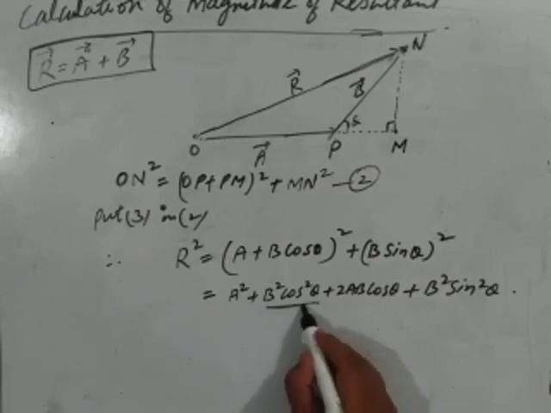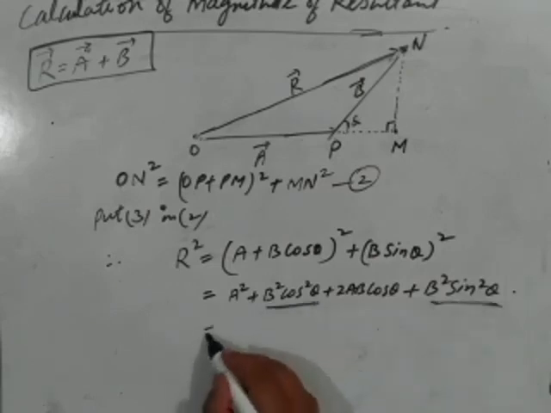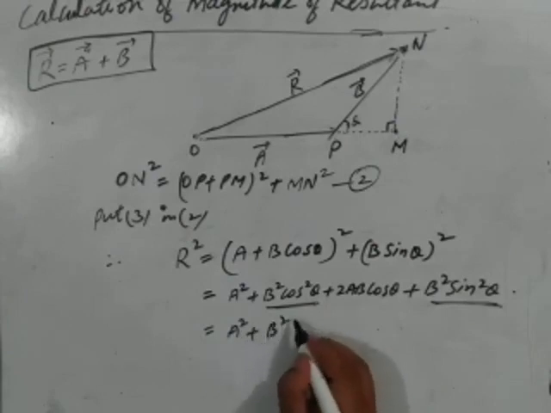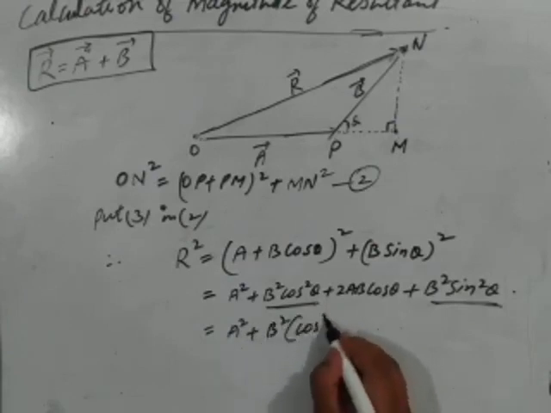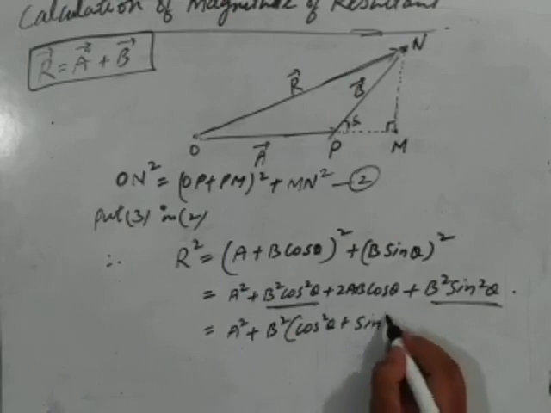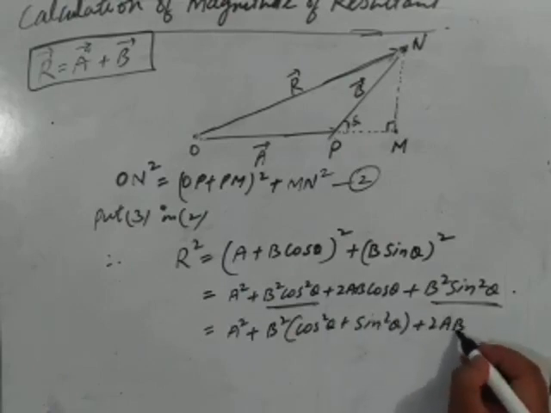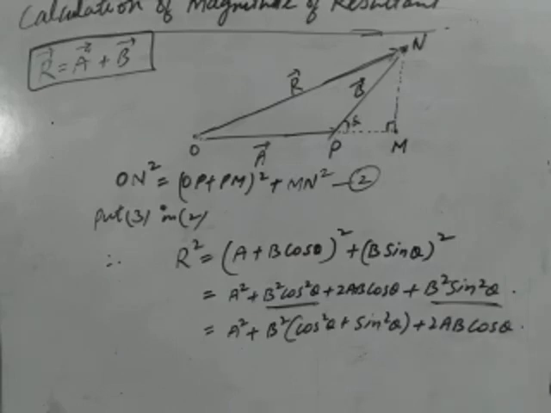We will use these two quantities. We will take B square as common. So A square plus B square into cos square theta plus sin square theta plus 2AB cos theta. But sin square theta plus cos square theta is equivalent to 1. We have studied in mathematics.